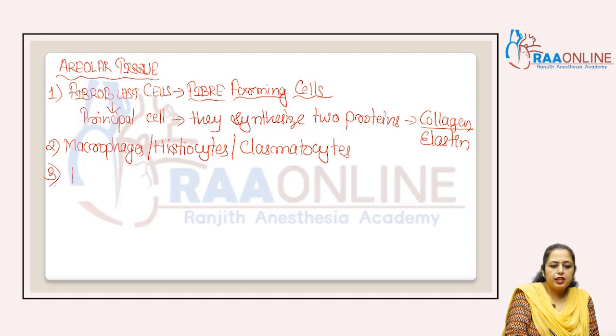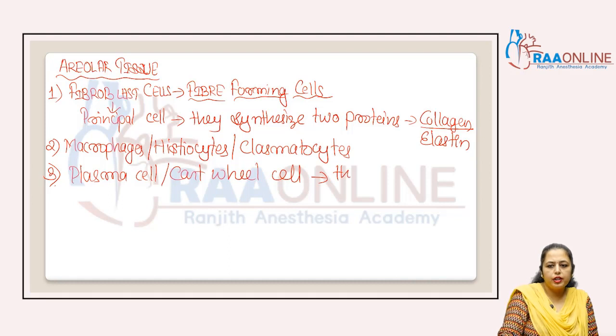The third cell is the plasma cells, which are also known as cartwheel cells, right? And they secrete the antibodies.